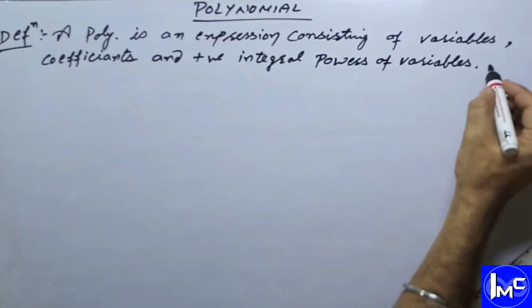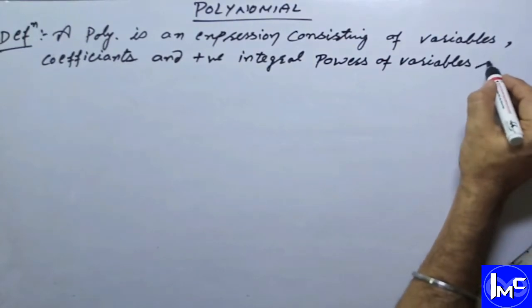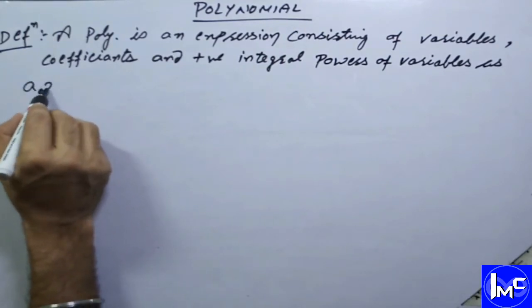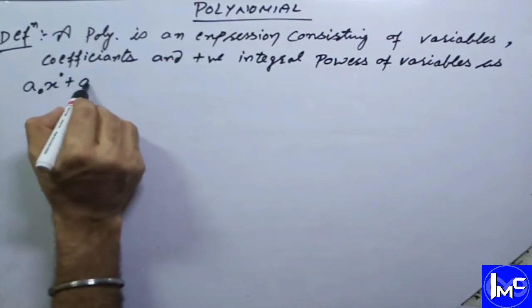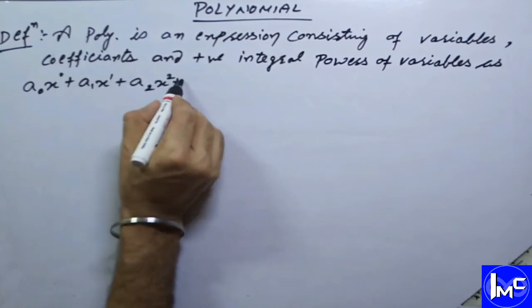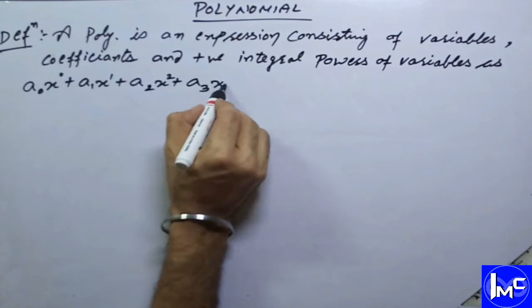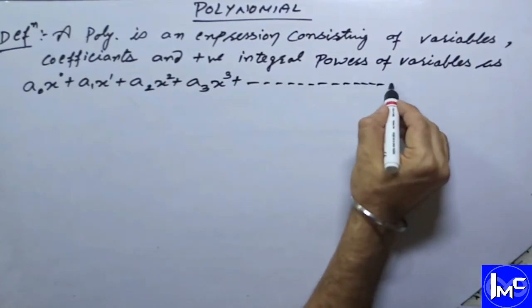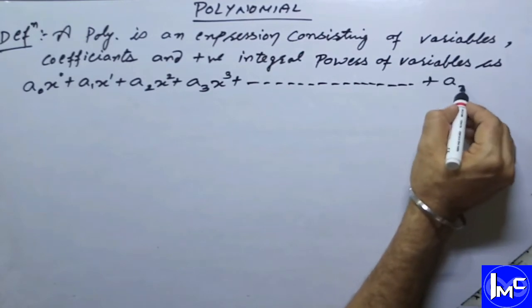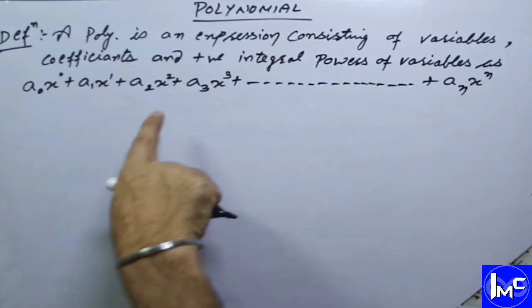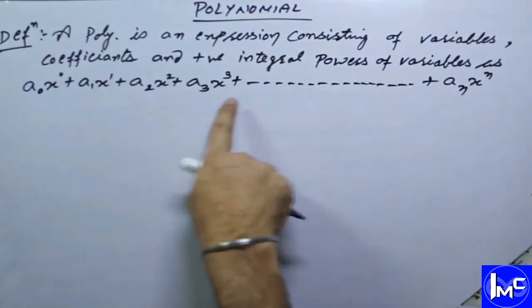Its general equation can be written as a0 x^0 + a1 x^1 + a2 x^2 + a3 x^3 up to an x^n. You can see this is an expression.